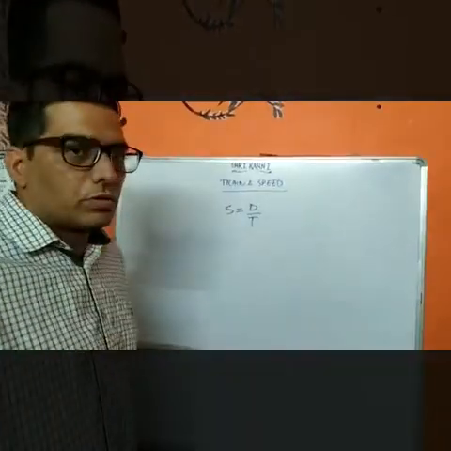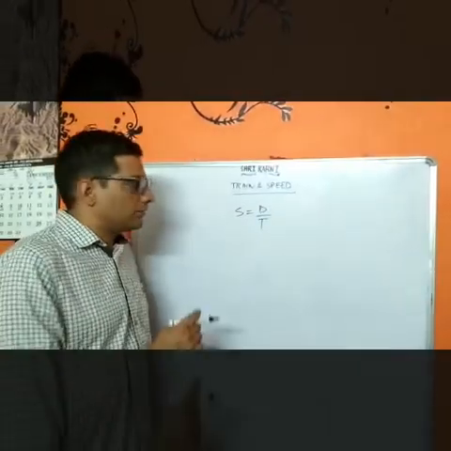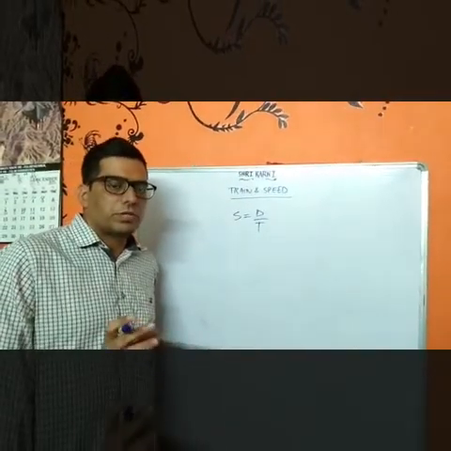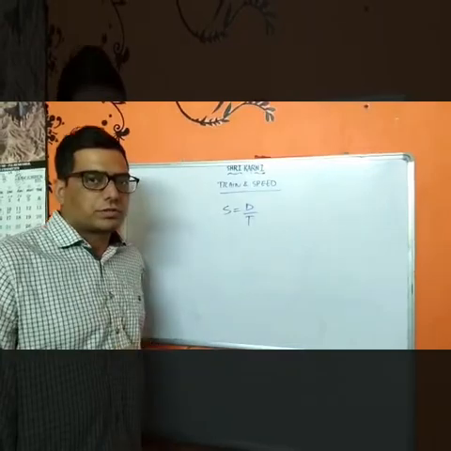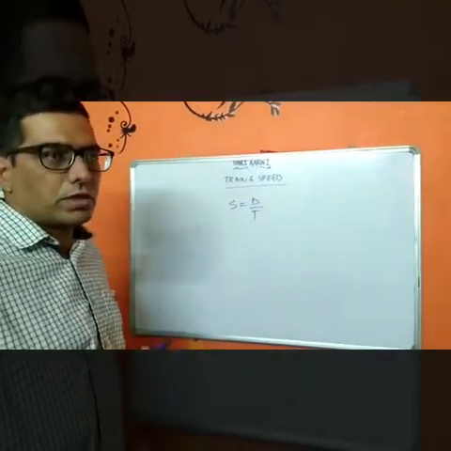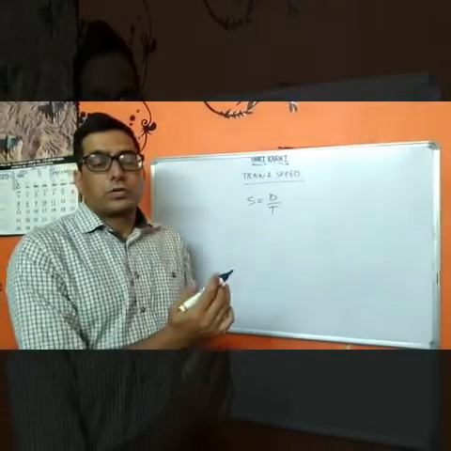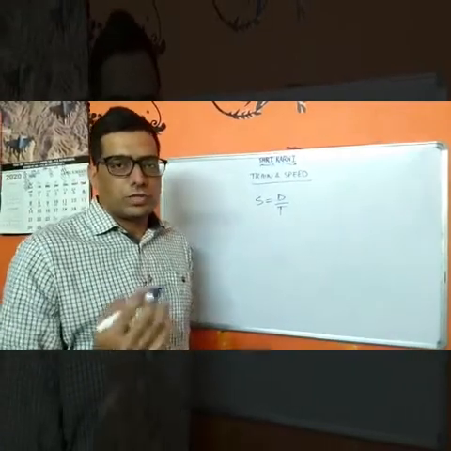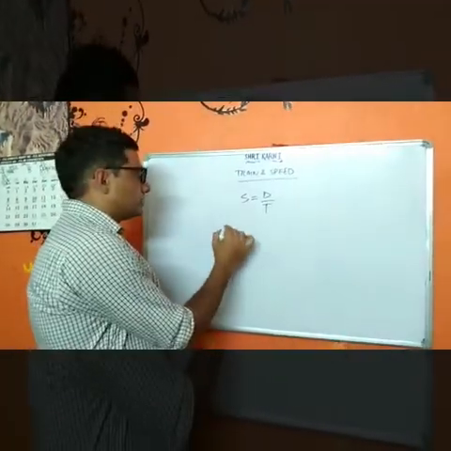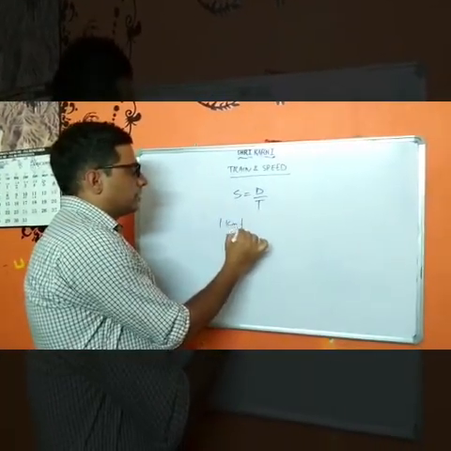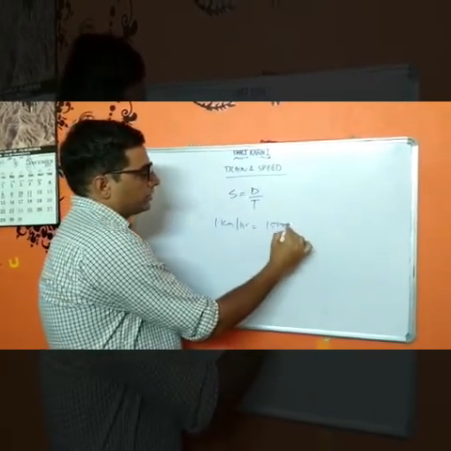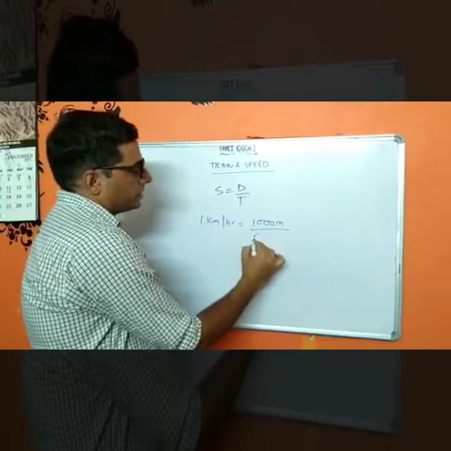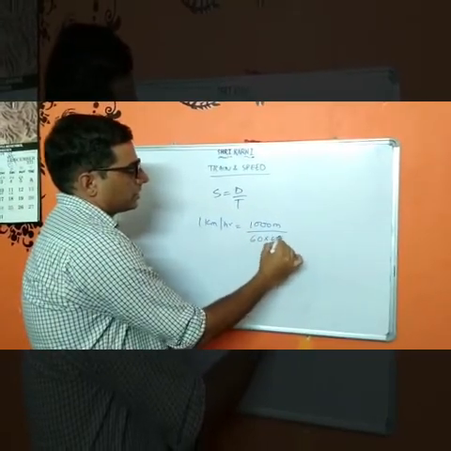Now before going through the topic, we will come to a particular conclusion which will be useful in solving a lot of questions. That is how to convert kilometer per hour into meter per second. So 1 kilometer per hour is equal to 1000 meters divided by 60 minutes into 60 seconds.